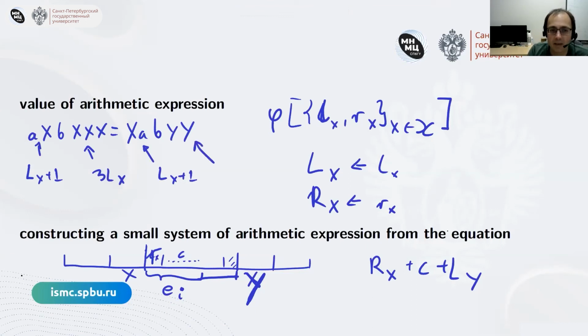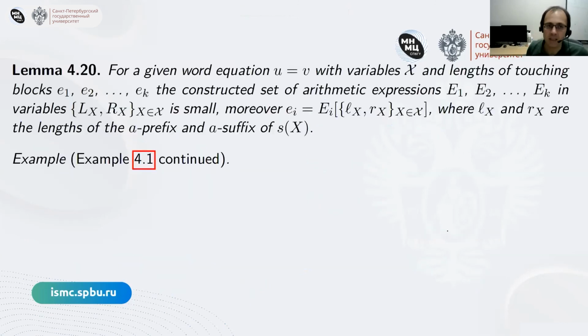And this one is 2 l_y. If there were no b in between, then there would be only one expression on both sides, and therefore the arithmetic length would be like that.